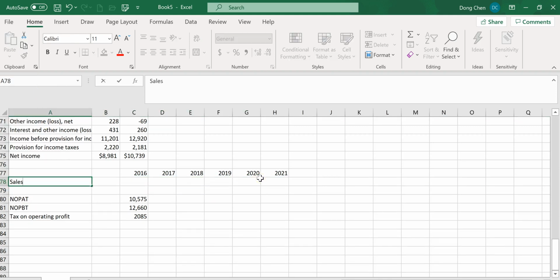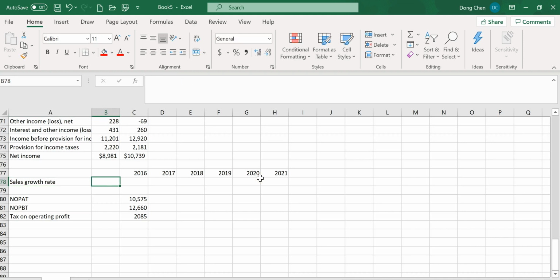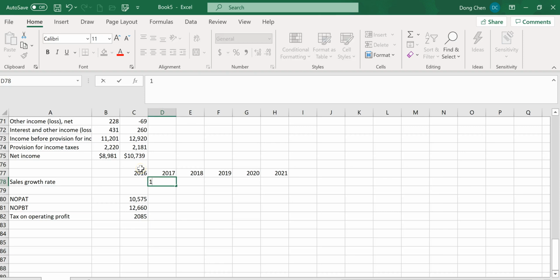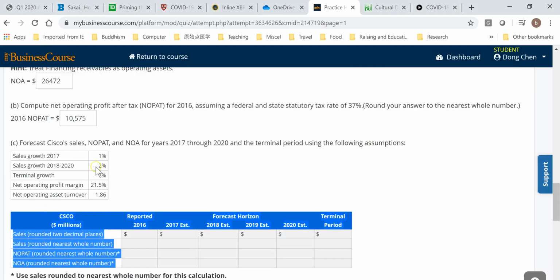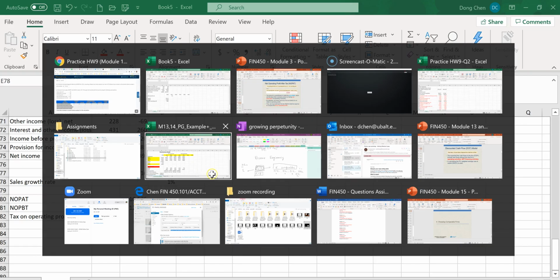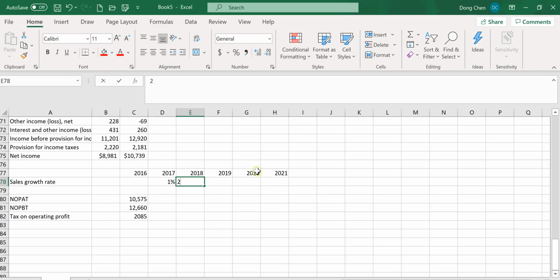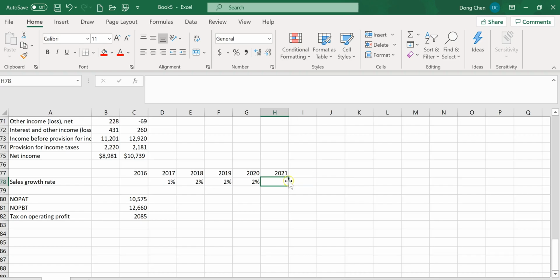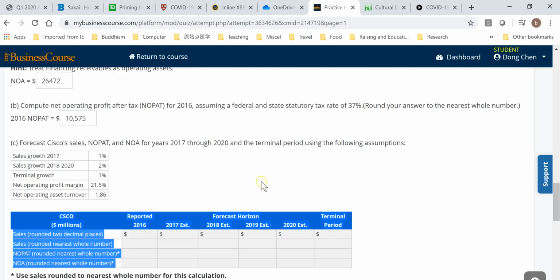First, we want sales growth rate. For 2017, it's given as 1%, and for 2018 to 2020, it's 2%, 2%, 2%. And the terminal period is 1% again.